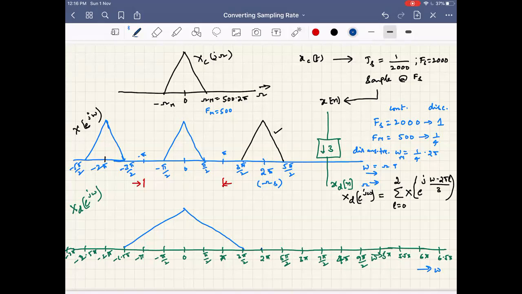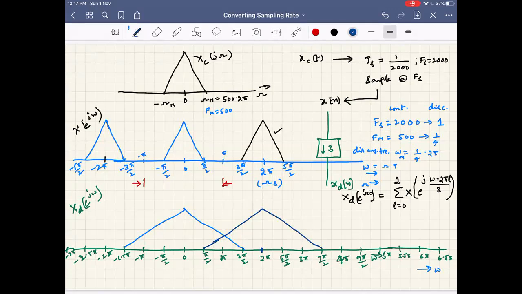So it has to be centered at 2 pi and stretched by 3. So it is from pi by 2 to where? 7 pi by 2, because the stretch of the spectrum is 1.5 times. So it is up to 7 pi by 2 or 3.5 pi. Okay, this is the next spectrum.